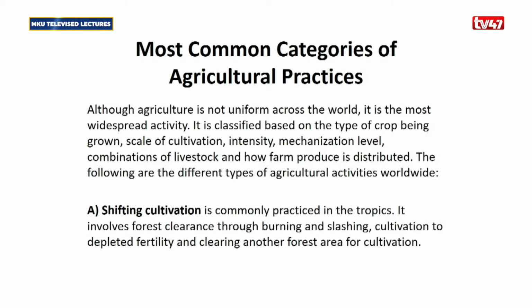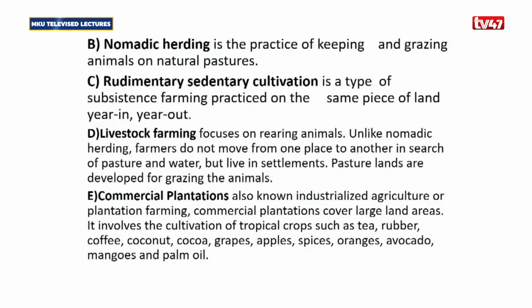There's shifting cultivation, where the people conducting the agricultural activity slash forest and burn and cultivate the piece of land until it has lost its fertility, then clear another area for the same. And the cycle goes on.